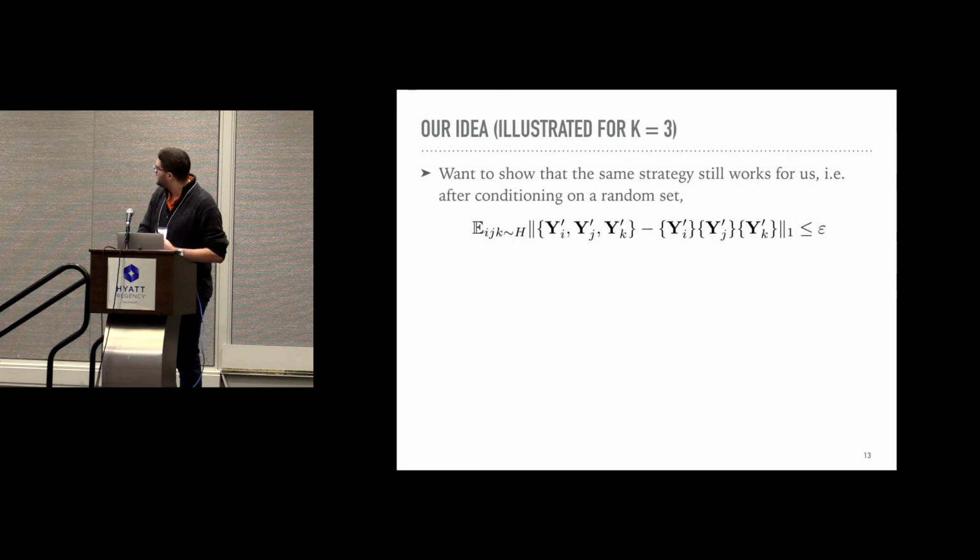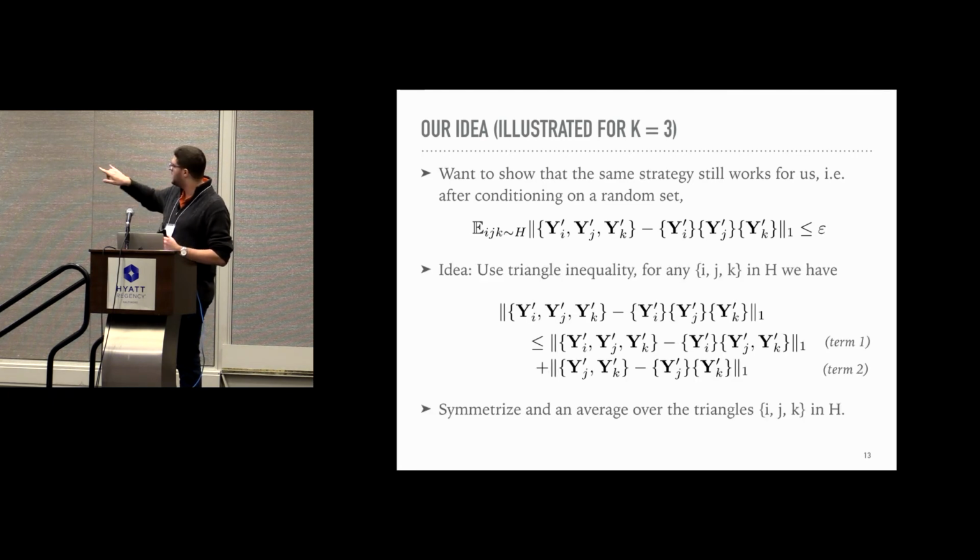It might not be obvious how to attack this, so I'm just going to look at a single term. This is a simple exercise in probability theory, essentially just the triangle inequality. If I have a triangle and I want to split it into 3 singletons, I can first split the triangle into a singleton and an edge, and then I can split the edge into 2 singletons.